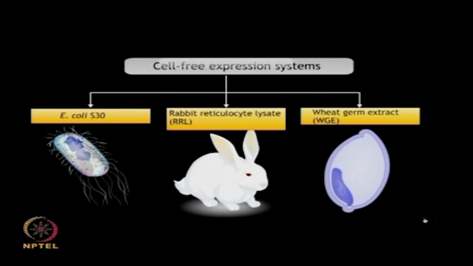E. coli S30, this is a commonly used bacterial expression system that is capable of producing protein yields of around 6 mg per ml.